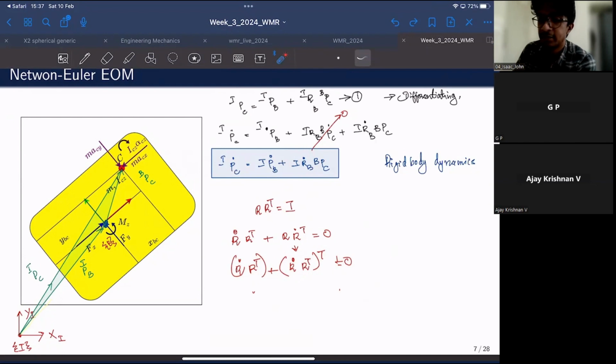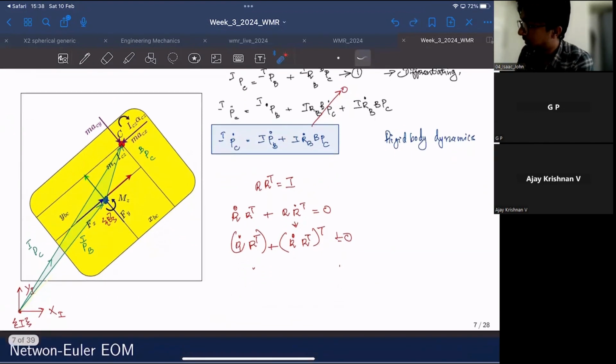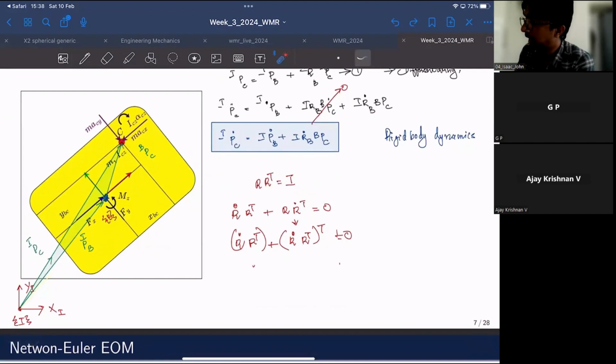If the sum of a matrix and its transpose is 0, fundamentally we should know that this matrix should be a skew-symmetric matrix, because only a skew-symmetric matrix plus its transpose gives 0. So it can only happen with a skew-symmetric matrix. So we have established that R dot R transpose is a skew-symmetric matrix.